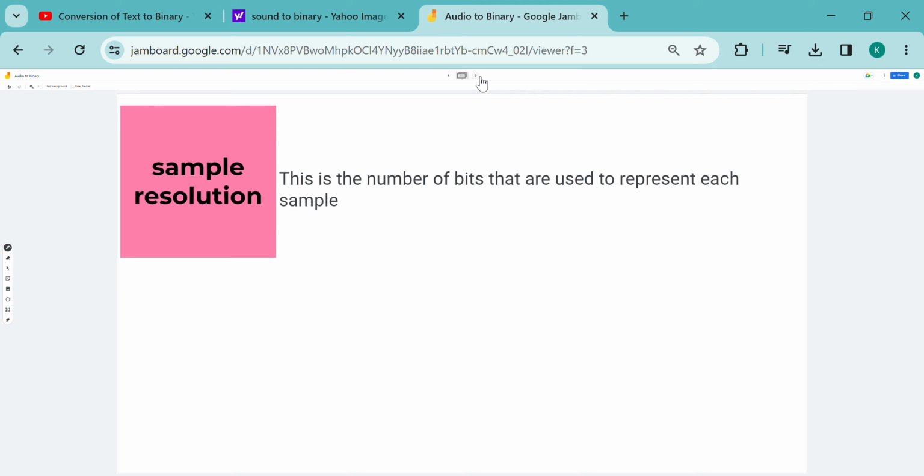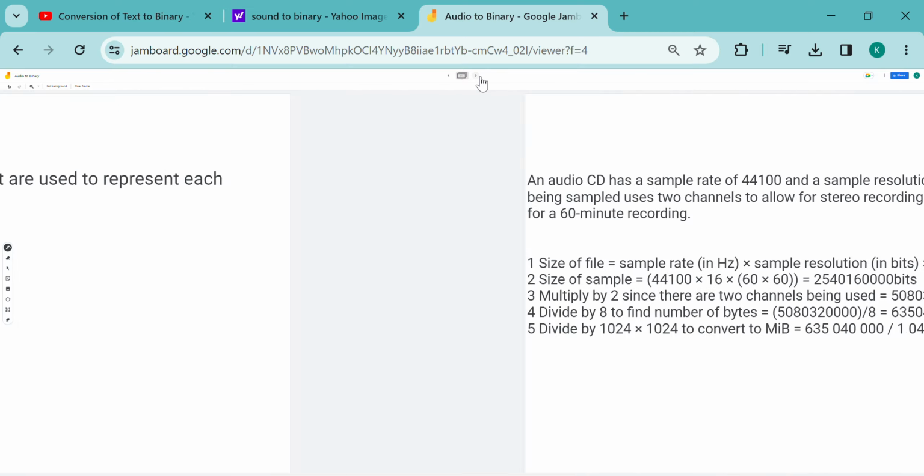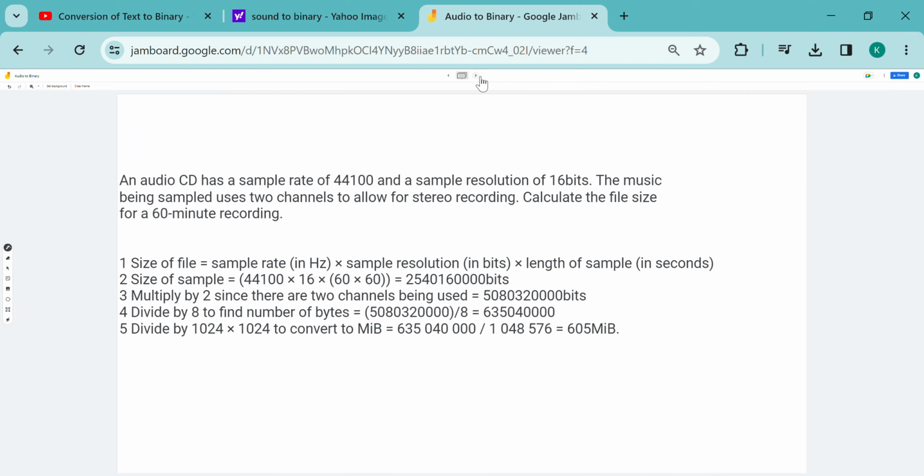Let's proceed further, and this question would be quite helpful for us to understand the concepts of sound, sampling, resolution, etc. So the question says that an audio CD has a sample rate of 44,100. The normal frequency is 44.1 kilohertz, and we have converted the same frequency into sampling rate.